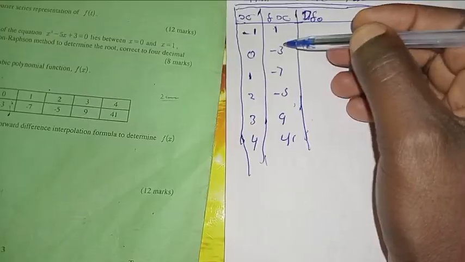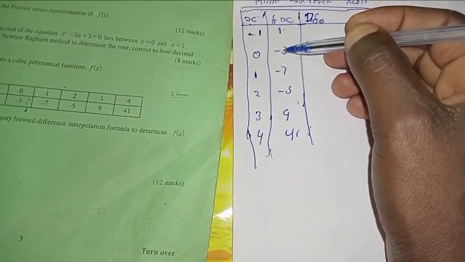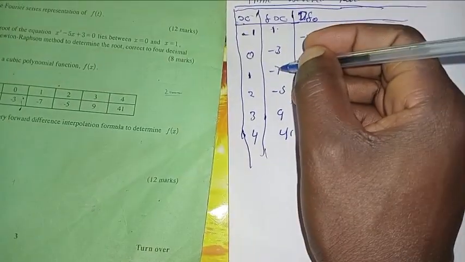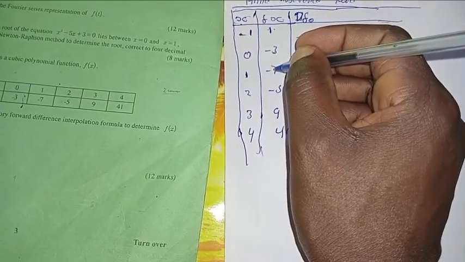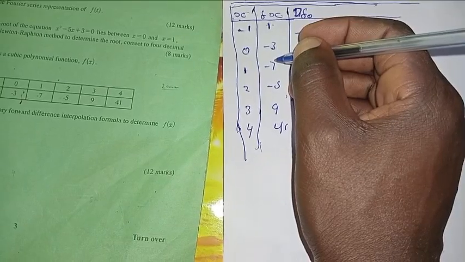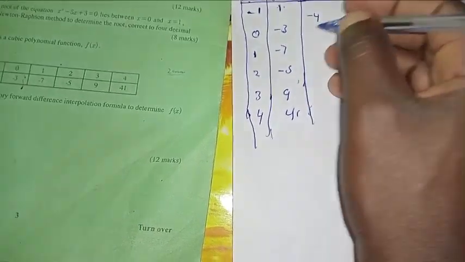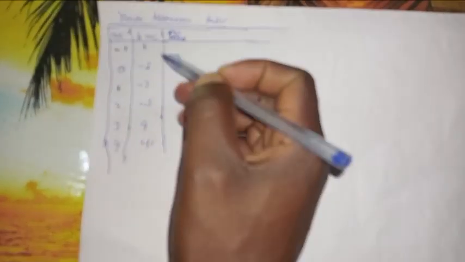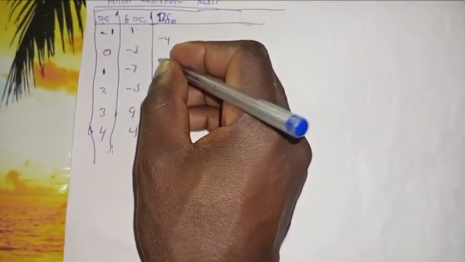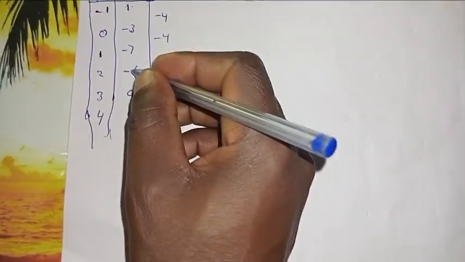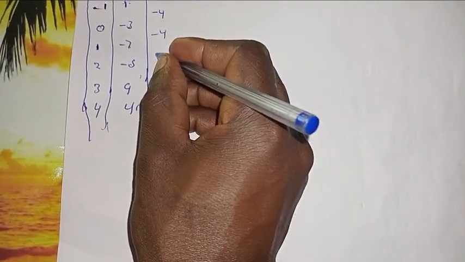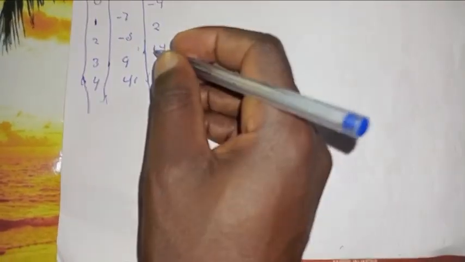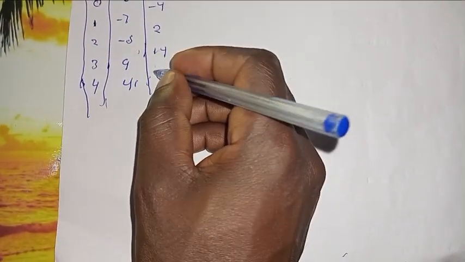You say -3 minus 1, you put it there: -4. Then -7 minus -3 gives -4 again. When you subtract this, you get 2. When you subtract this, you get 14. When you subtract this, you get 32.